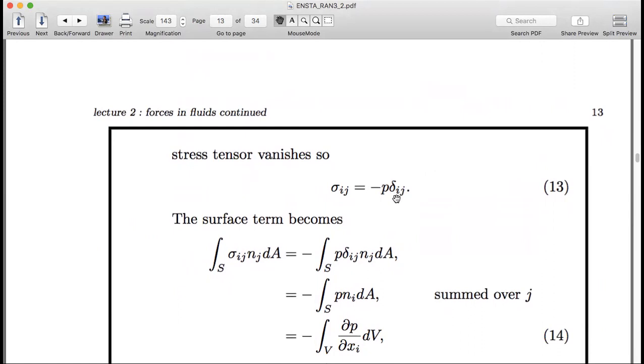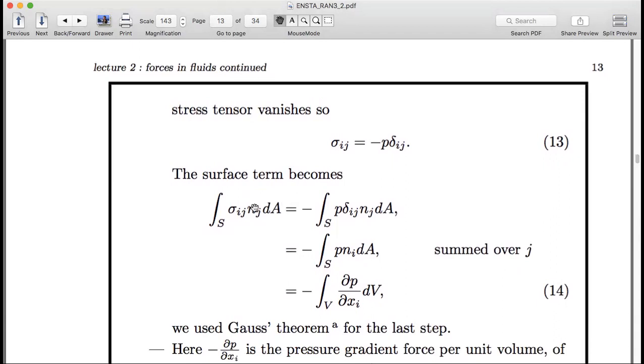You have to memorize what delta ij is. It's equal to +1 if i equals j, and equals 0 if i is not equal to j. So we're going to replace sigma ij with minus p delta ij here, which is what I did here. But now I'm going to sum over j.